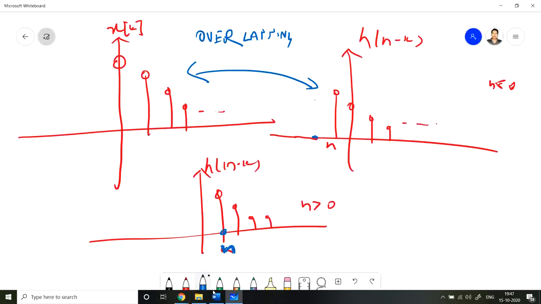So in both cases we are getting overlapping in the product of xk and hn minus k.